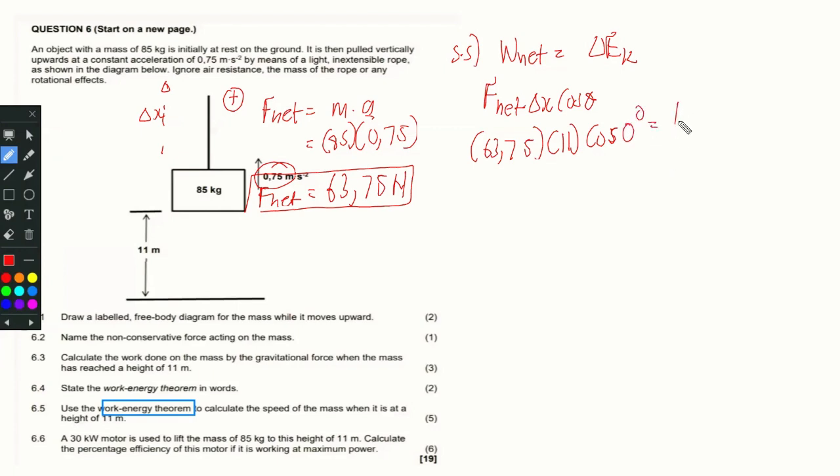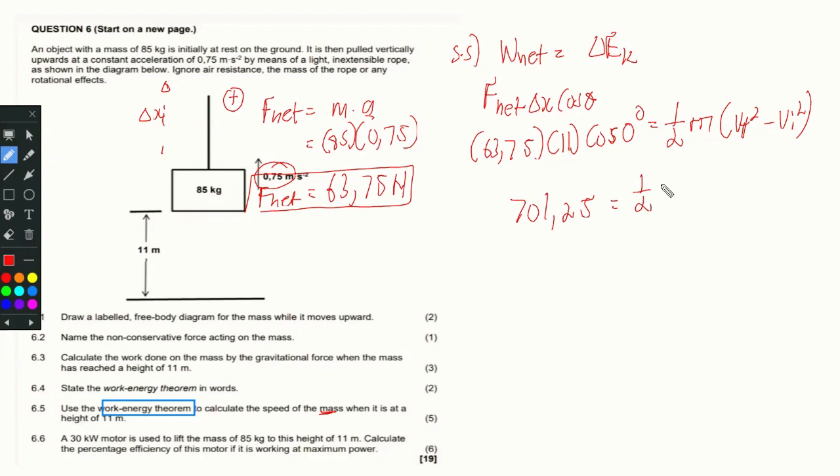Remember, we are trying to calculate the speed, so we have the work on this side and half m Vf squared minus Vi squared on the other. So we have 63.75 multiplied by 11 and cos 0 degrees, which gives us 701.25.